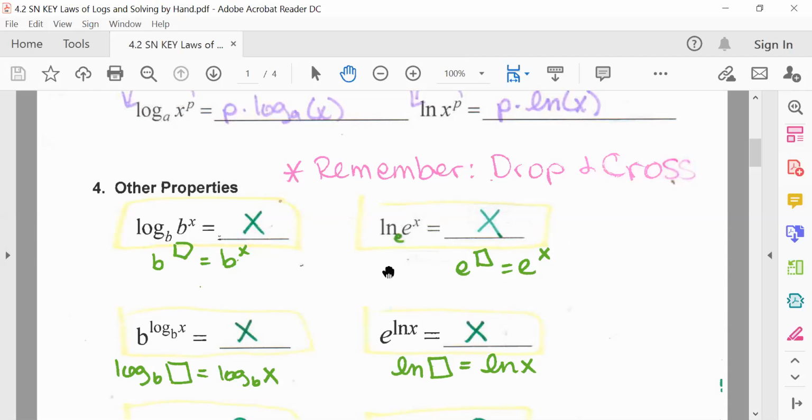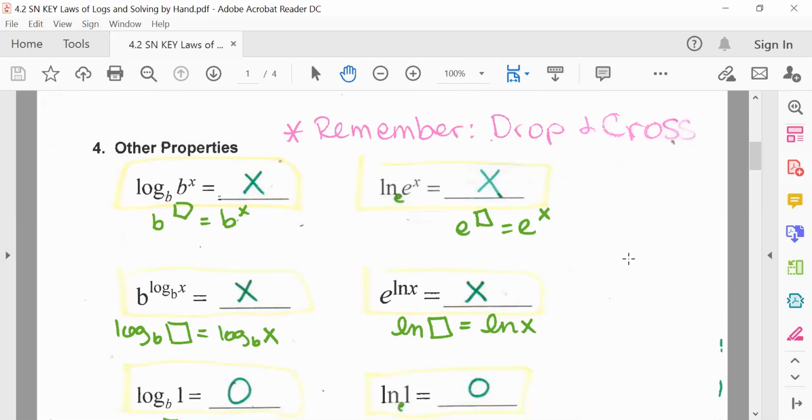So natural log of e to the x power is simply x. Okay, so a log of a base and a base of a power will undo each other. Log base b undoes b to a power of x and leaves you with just x. Natural log of e to a power, natural log and e undo each other, and we're left with the x. Good here?